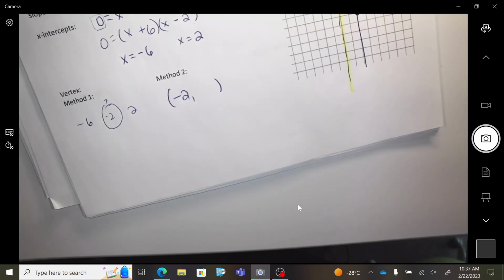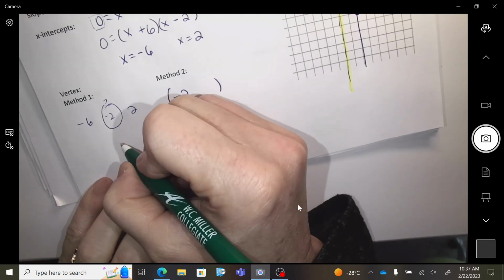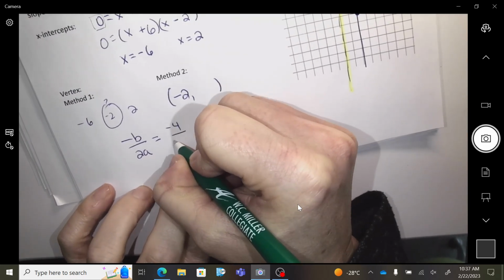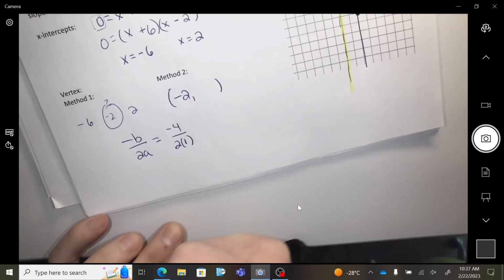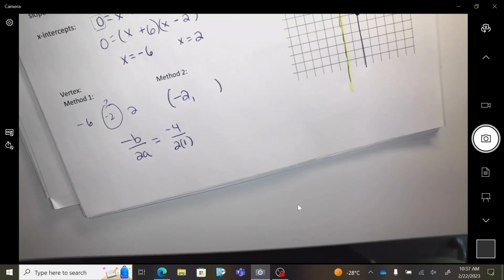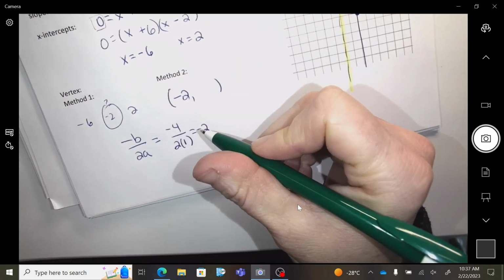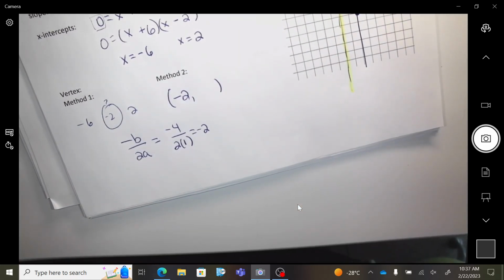Now, I will do it the other way just to show you that that's what it is. So negative b over 2a. Negative b over 2a, guess what number it gives us? Negative 2. So you see how it matches all together? So it's in the middle, it's also negative b over 2a.